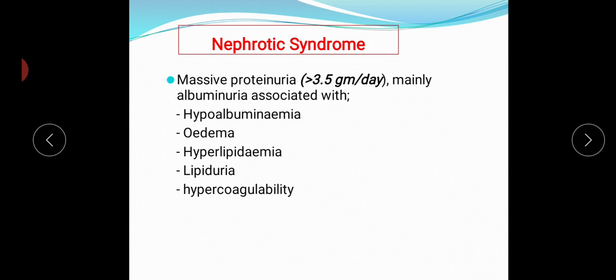But if there is a loss of plasma proteins, it will decrease the oncotic pressure, and that will create increased interstitial fluid and may lead to edema. Then hyperlipidemia, lipiduria, and hypercoagulability are the characteristics associated with nephrotic syndrome.